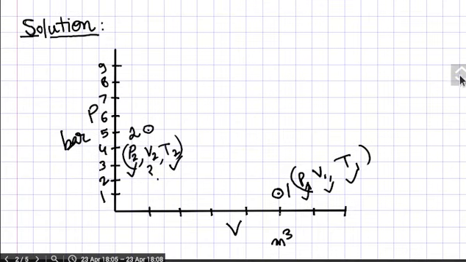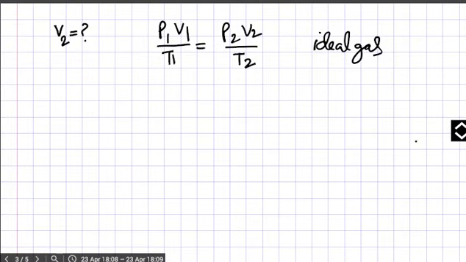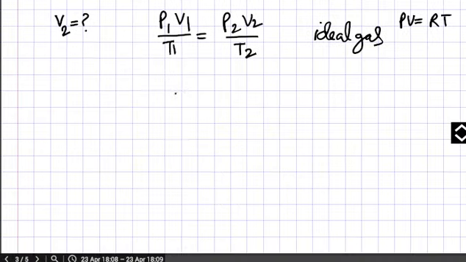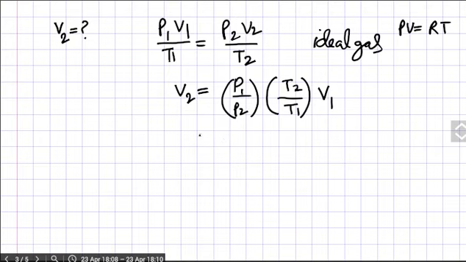So how to find V2? Here I have written the ideal gas law, P1 V1 by T1 is equal to this. You already know PV is equal to RT for 1 mole of gas. Actually the formula is PV is equal to nRT, but here n is equal to 1. Suppose in the cylinder we have 1 mole of gas. So we can have the formula like this for V2, and then T1 will cancel out, because T1 is equal to T2, it is 25 degrees centigrade.